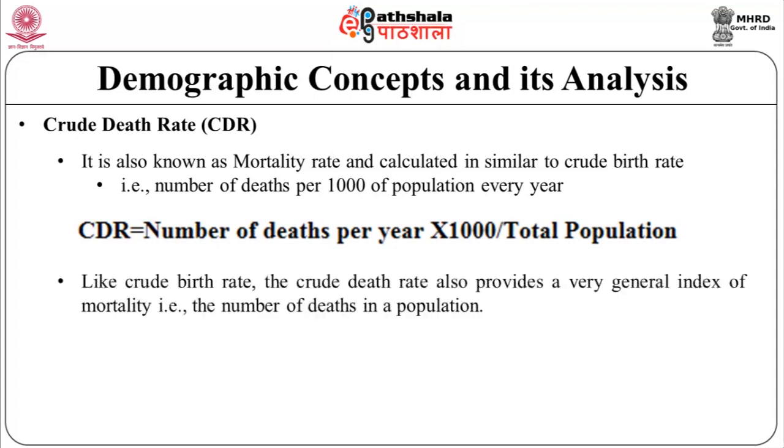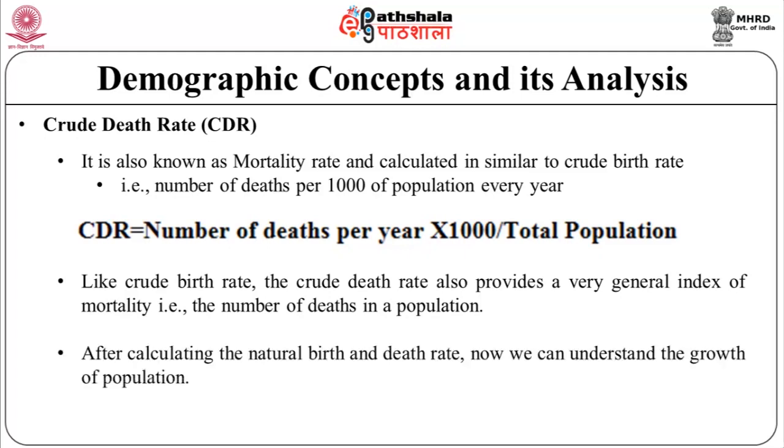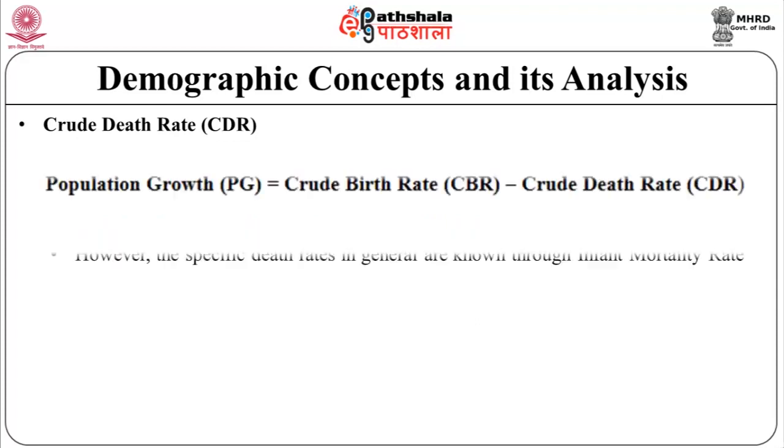Like crude birth rate, the crude death rate also provides a very general index of mortality, that is, the number of deaths in a population. After calculating the natural birth and death rate, now we can understand the growth of population. Here, population growth equals the crude birth rate minus the crude death rate.